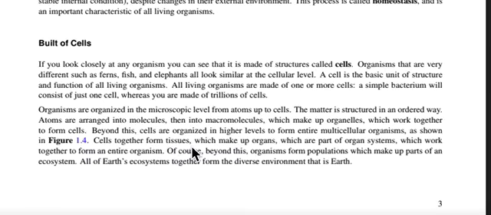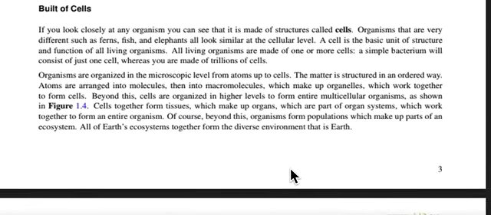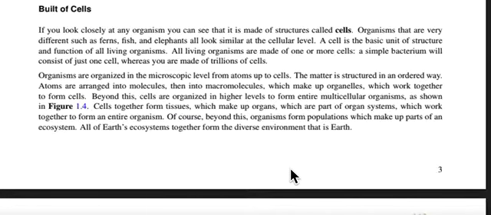Cells together form tissues, which make up organs, which are a part of organ systems, which work together to form an entire organism. Of course, beyond this, organisms form populations, which make part of an ecosystem. All diverse ecosystems together form the diverse environment that is Earth. Wow, that's a lot. From atoms all the way up to ecosystems.